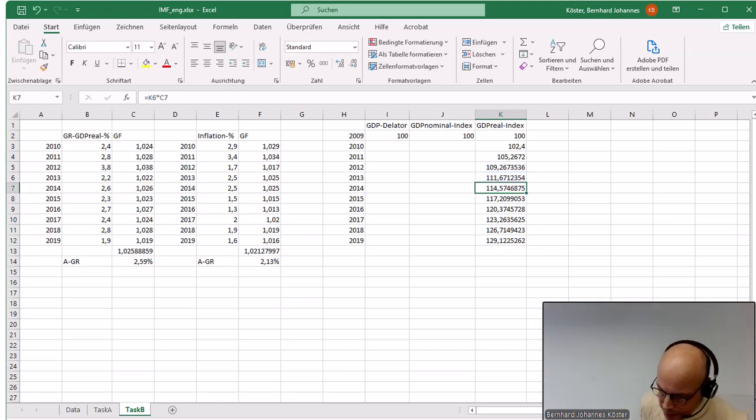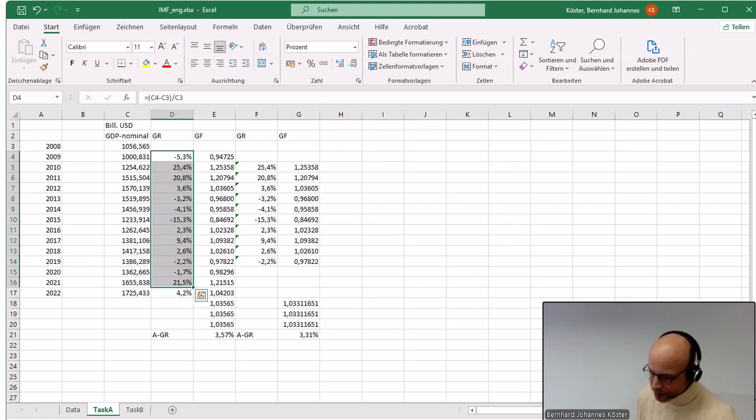So now we need the nominal. And for the nominal, you will just take your results from task 1. In task 1, here we have the nominal growth rates from 2009 to 2022.